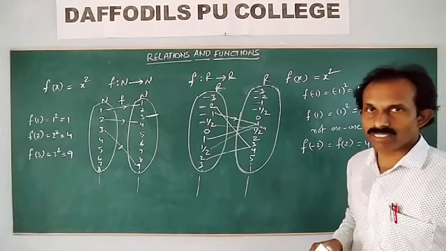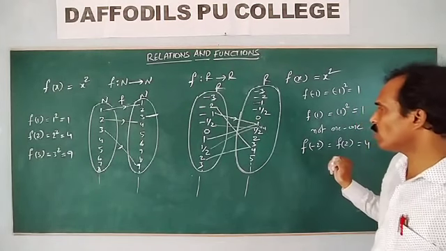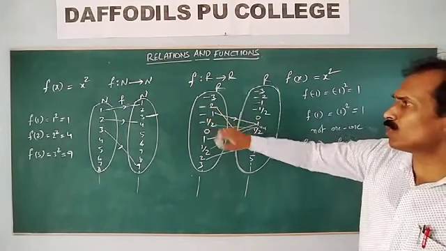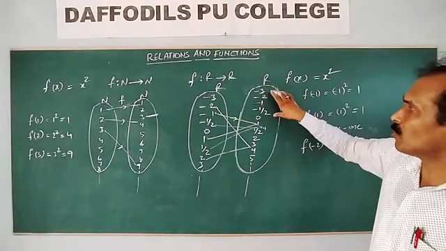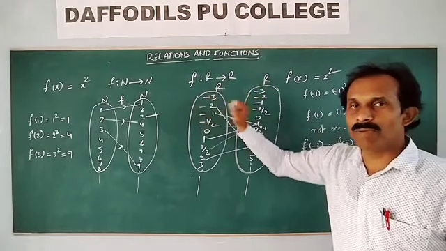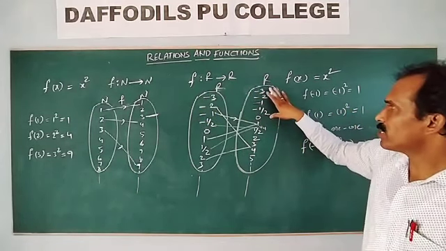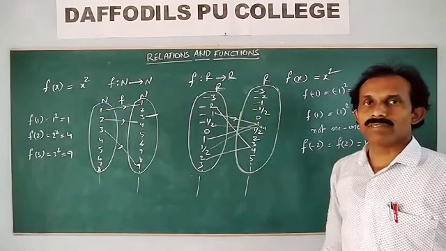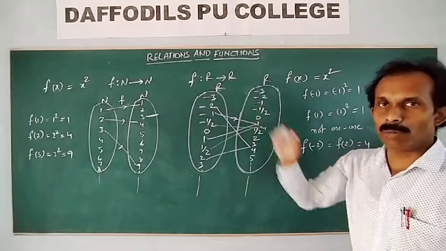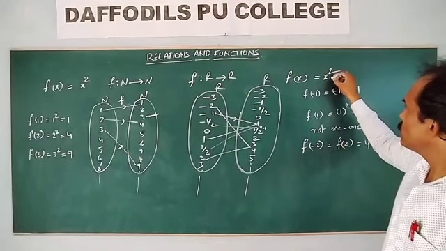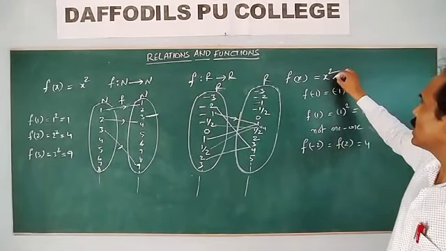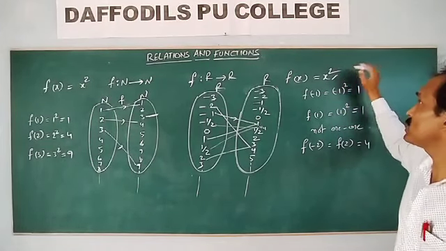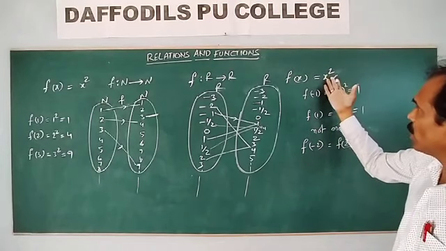Now take onto function. What is an onto function? Every element of the codomain has at least one element in the domain, meaning every element of the codomain acts as the image of some element of the domain. Here, for any element you substitute in x squared, you get a positive answer, whether you take a negative or positive value.